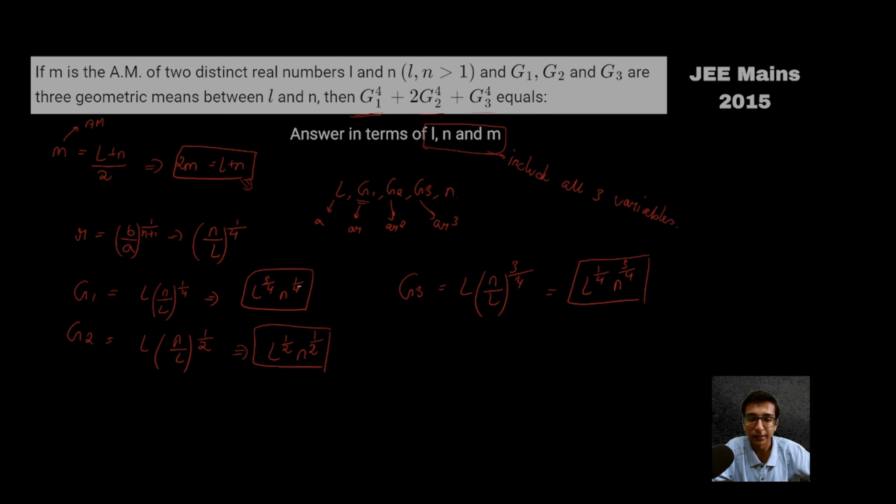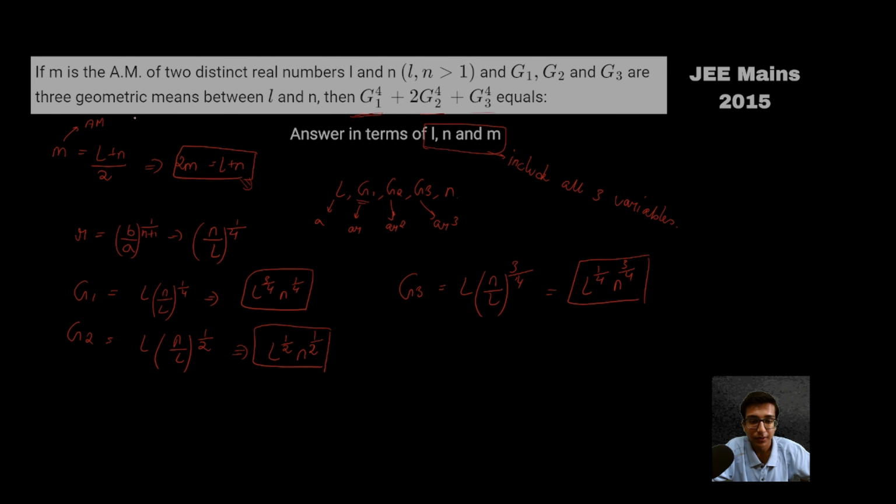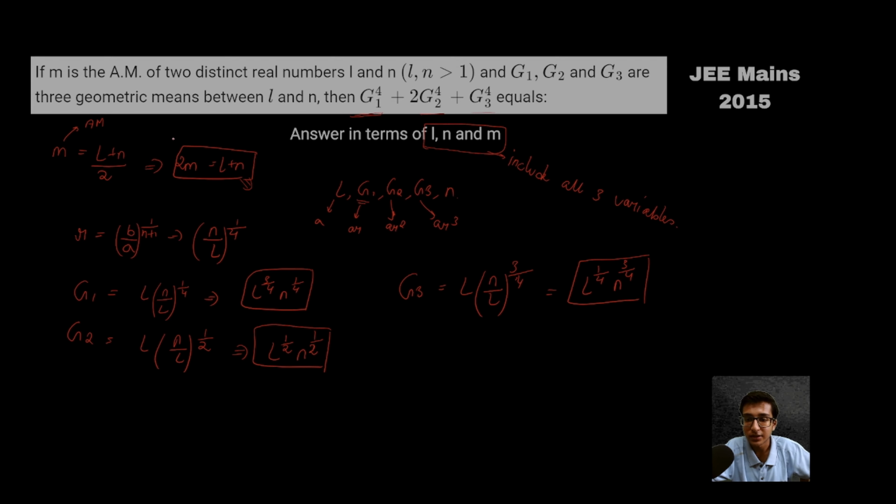G1 to the power 4, raising this to the power 2 twice, would give us L cube into N. Similarly, let's find out G2 to the power 4. This would give us L square N square. Let's find out G3 to the power 4. This would give us L into N cube.